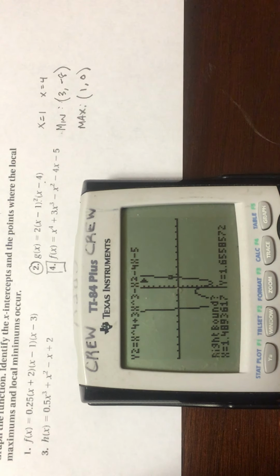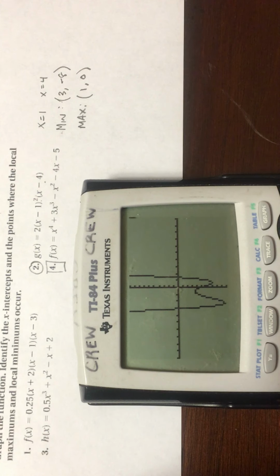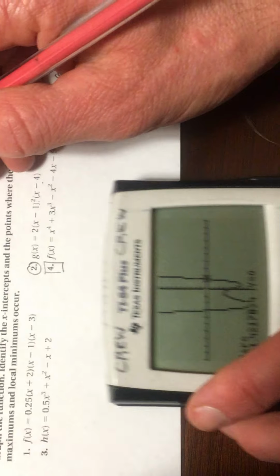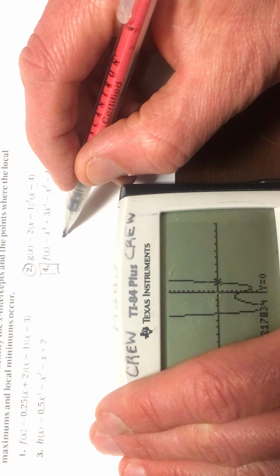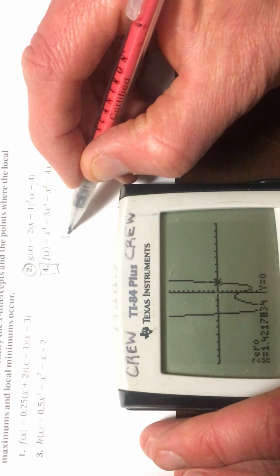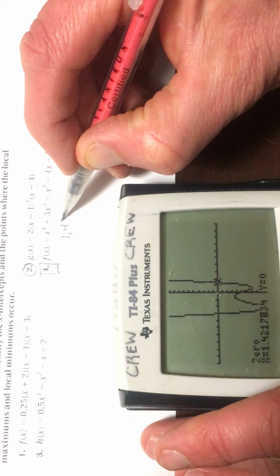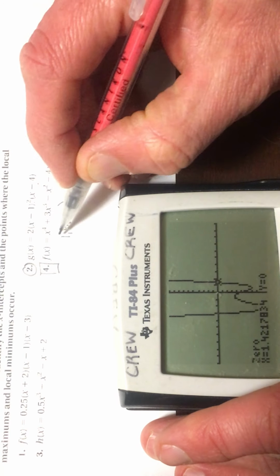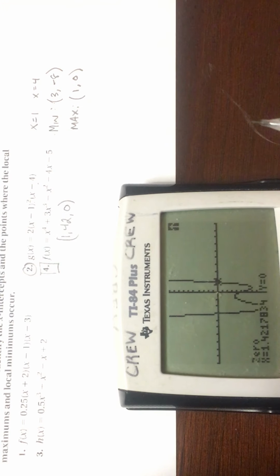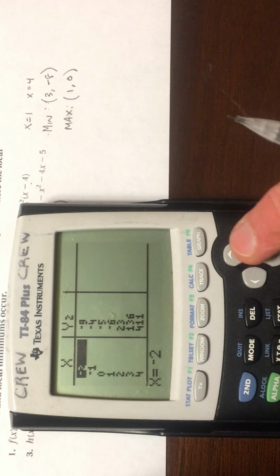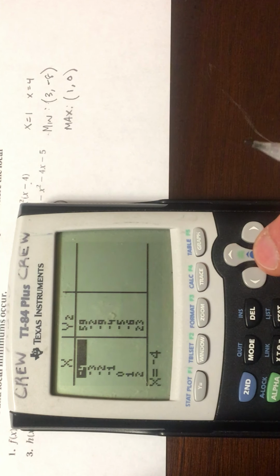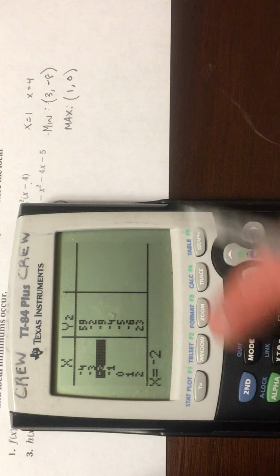Now to the right. And then, oh dear, that's an ugly one. So let's put it down. So we got a 1.42, 0. And I'm going to my table because it looked like it was at -3. Nope, you gotta go get that one.